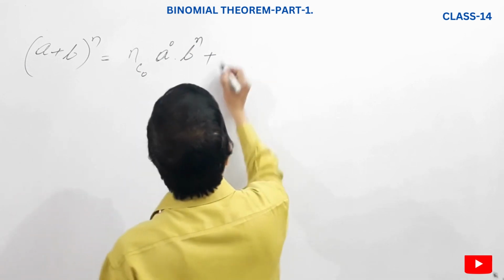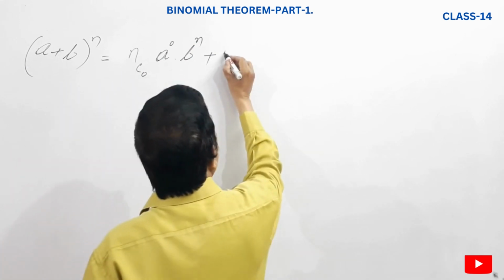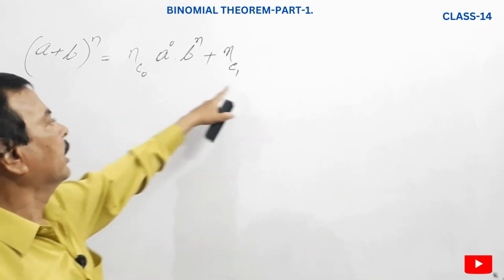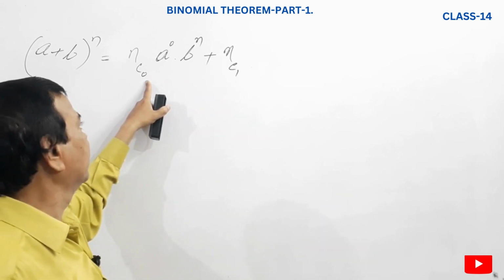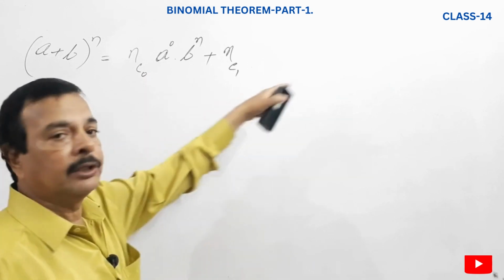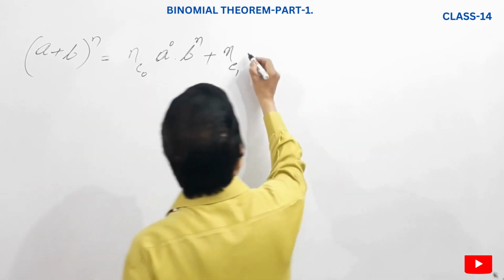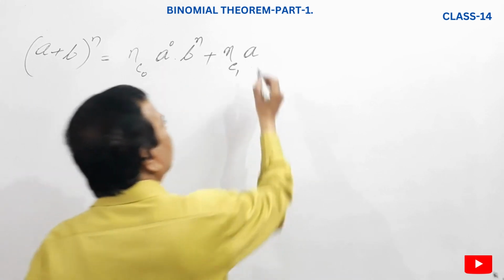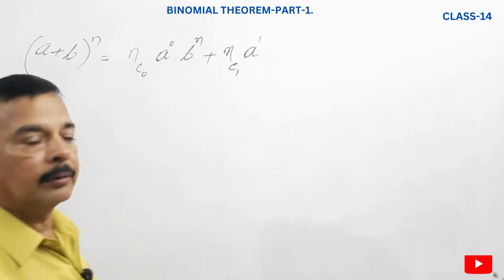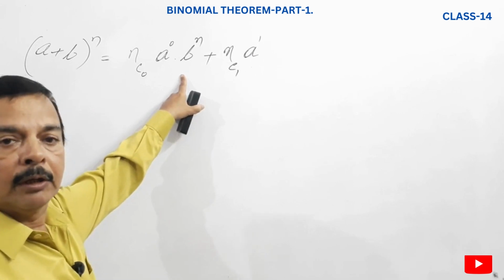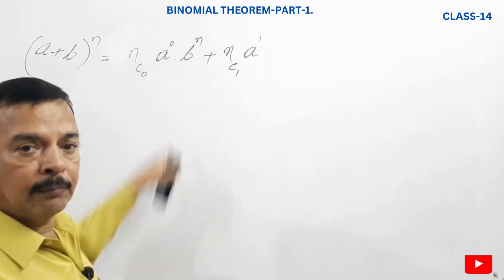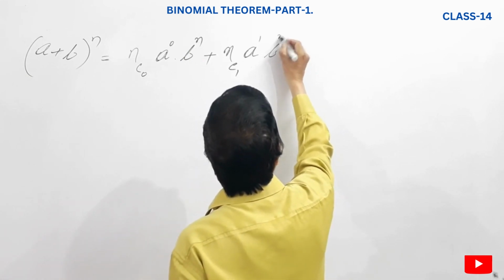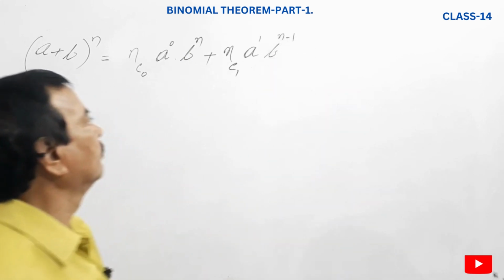So after nC0 comes nC1. See, the value of this C0, C1, C2 should increase. Then give an increment to a to the power of 0, so it becomes a to the power of 1. And what will happen to b? The value of a increases, but the power of b should decrease, so b to the power of n minus 1.